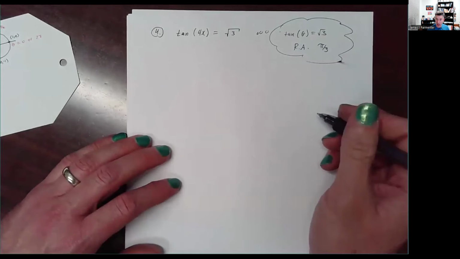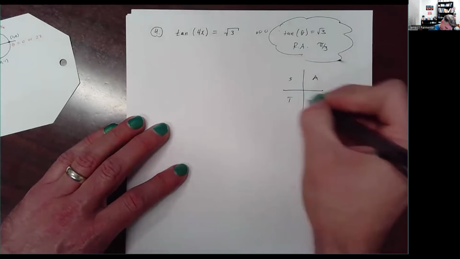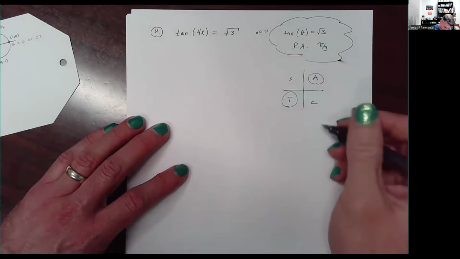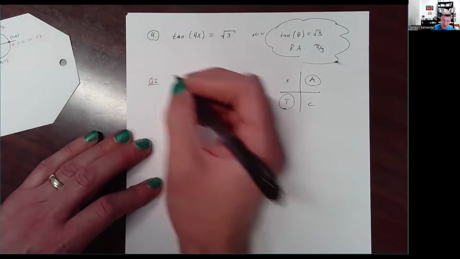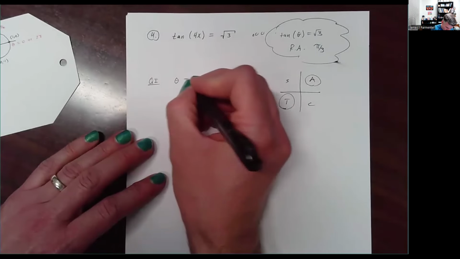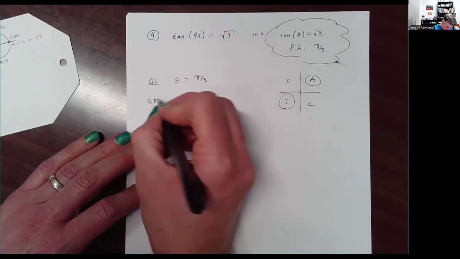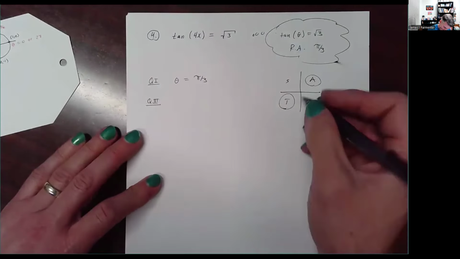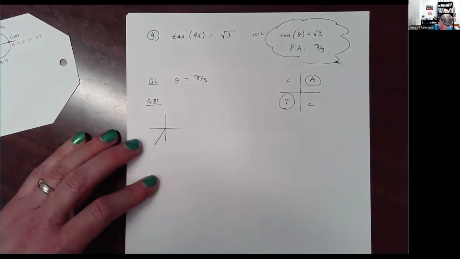I know the quadrants I want. Well, I want tangent to be positive. I want the first quadrant or the third quadrant. So in quadrant 1, the angle is just whatever your reference angle is. So my angle would have been pi over 3. In quadrant 3, well, I'm going to draw it, right? Pi over 3 right there.